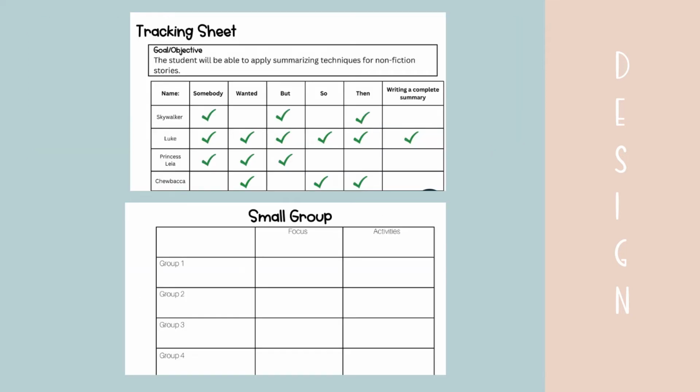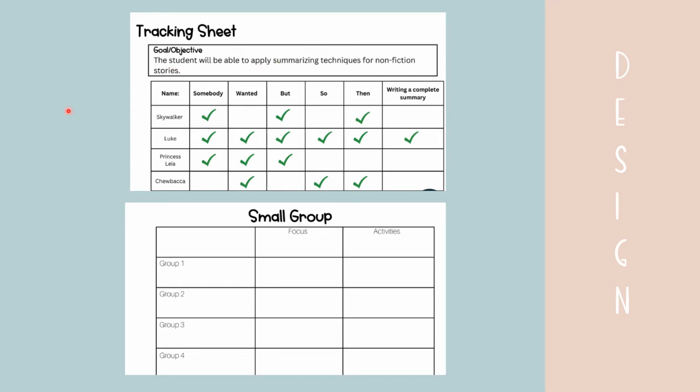During Data Wars, these were the two resources that are used. The first one is called the tracking sheet, and this is what displays all of the data collected in this scenario. So what's given to the teacher, and this is important, is the goal and the objective. So in this scenario, when the teacher was collecting data, the teacher was looking at whether the student was able to apply summarizing techniques for nonfiction stories.